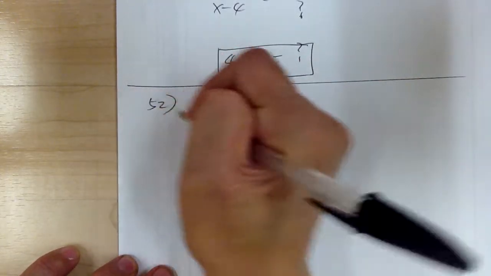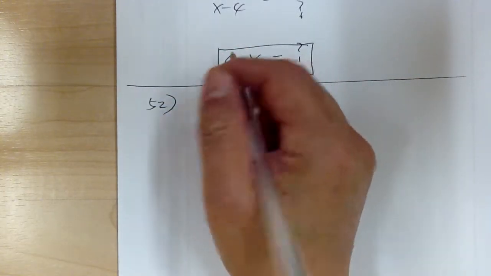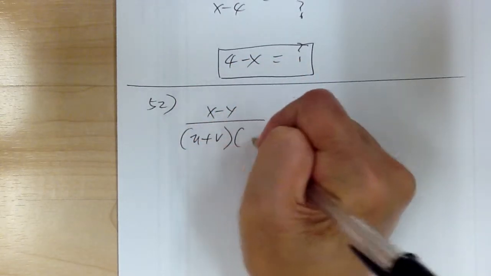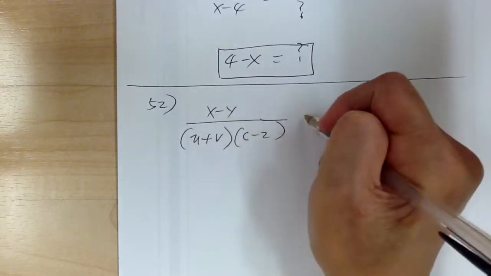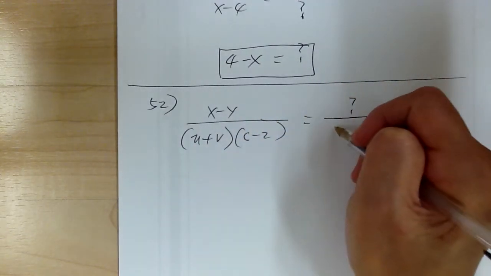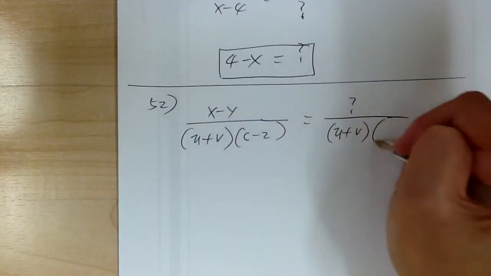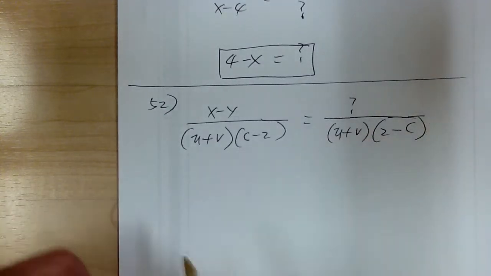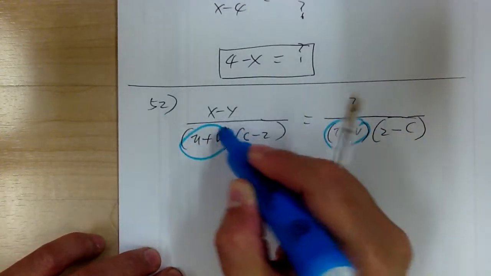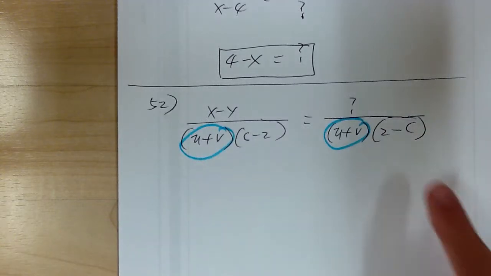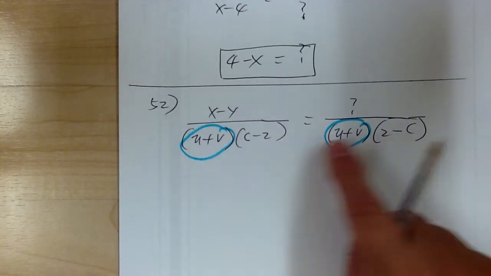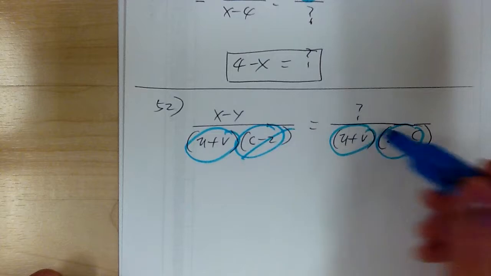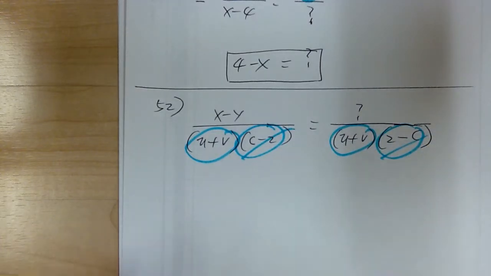Okay, let's go to number 52. You have x minus y over u plus v, and you have c minus 2 equal to question mark over u plus v, and you have 2 minus c. This one matches with this one. Now this one over here, they are reversed, right? So when you match them, you need to have a negative out in the front over here.